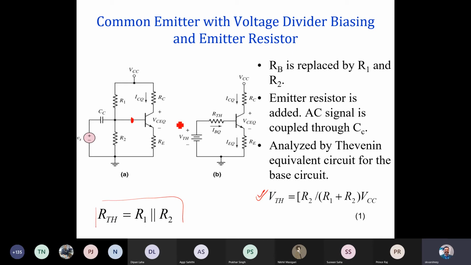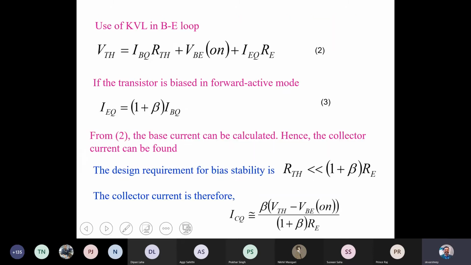If we look at the worked example, I think we did it yesterday. Of course, we can rewrite the equations. These equations are what you get in the presence of RE, and if RE is not present, this term won't be there, so you get a standard IBQ.